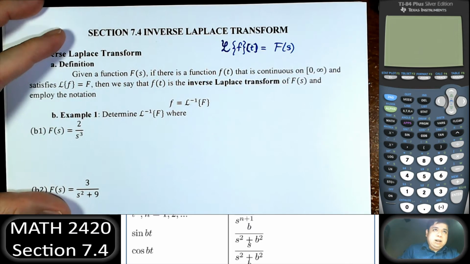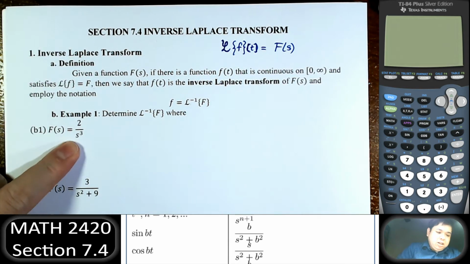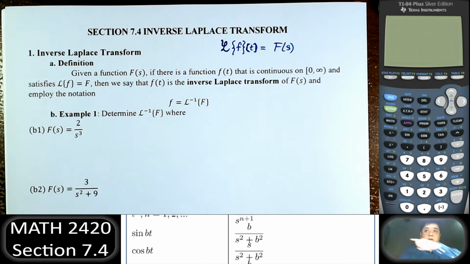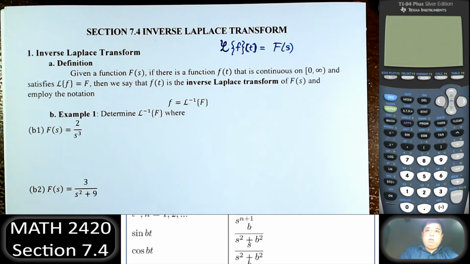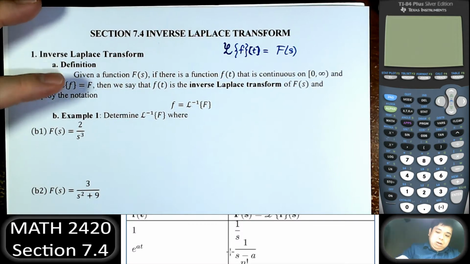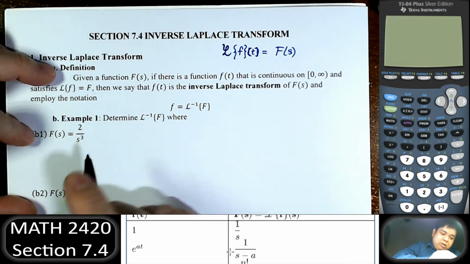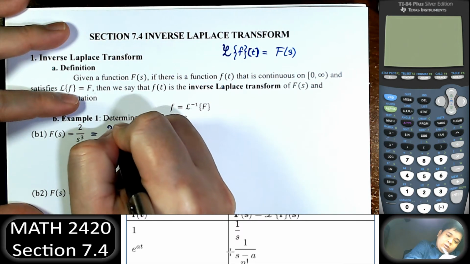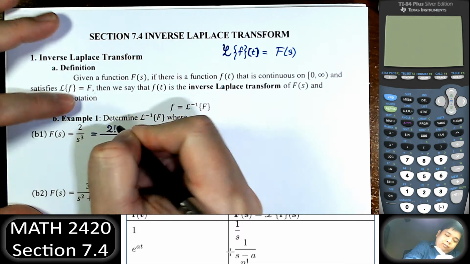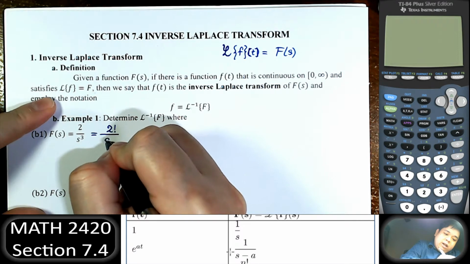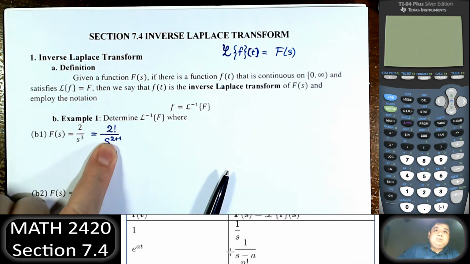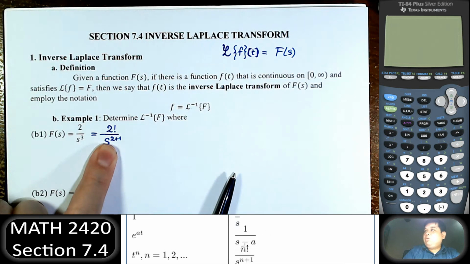Now, what is the inverse Laplace transform of this? If we look on the table over there, we just go from the right column to the left to find the inverse. So what is the inverse of 2 over s cubed? We can rewrite the 2 as 2 factorial, and the 3 in the cube as 2 plus 1. The reason we write it like that is the form of the Laplace transform.